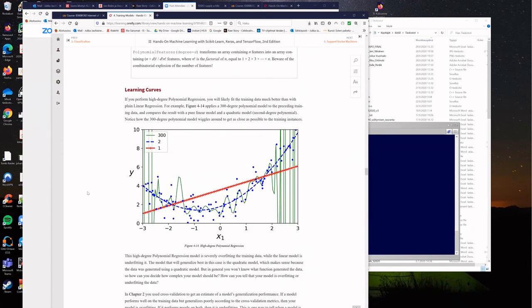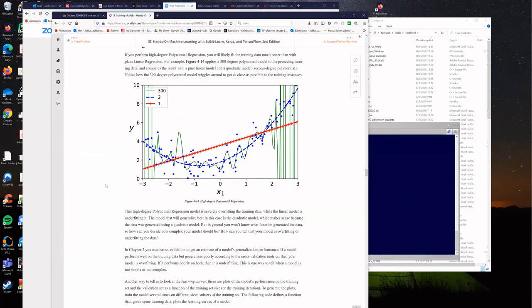So here are some examples of using different polynomial degrees on the same data set. If you use a linear model, this clearly is not good.